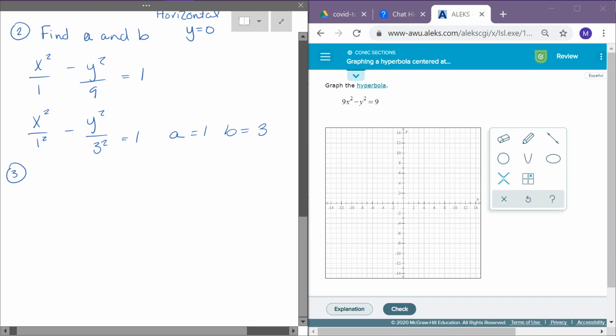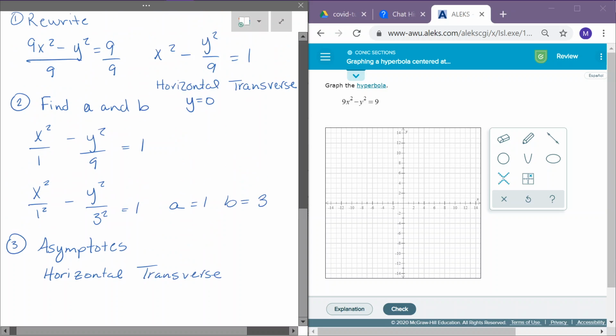Next, let's find our asymptotes. So we know that a is equal to 1 and b is equal to 3, and this is a horizontal transverse axis problem.